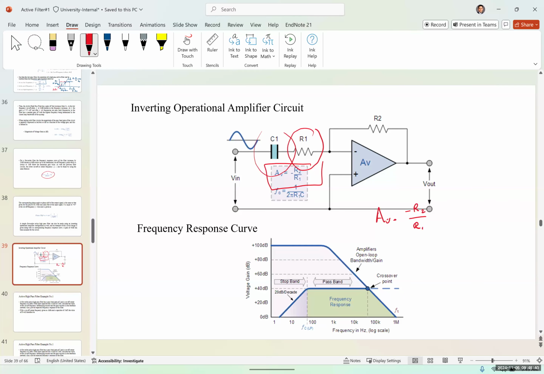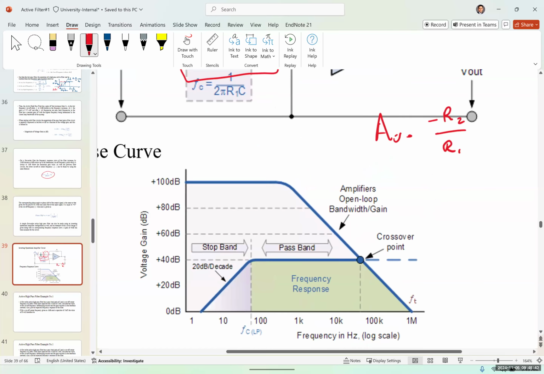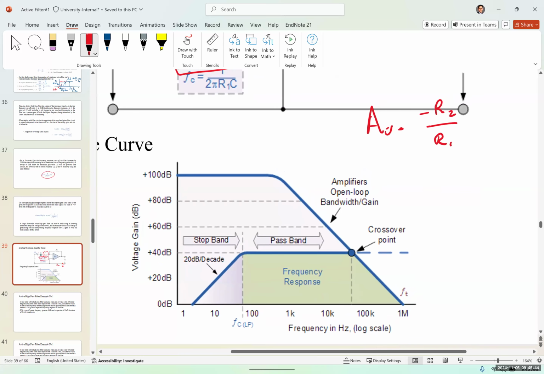The frequency response curve for an active filter looks like this. If we didn't have any feedback, we're going to have this curve over here, which is an open loop without any feedback. When adding the feedback, we can control the gain and we can have a better frequency response.